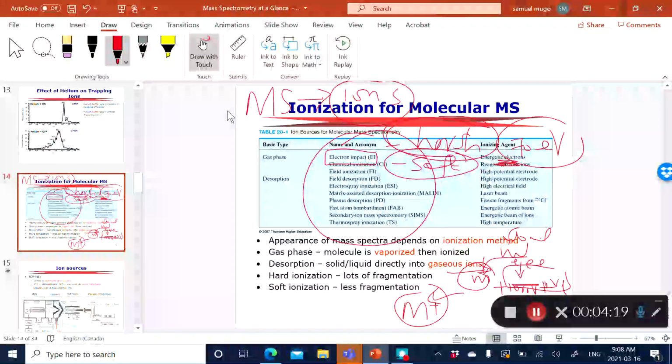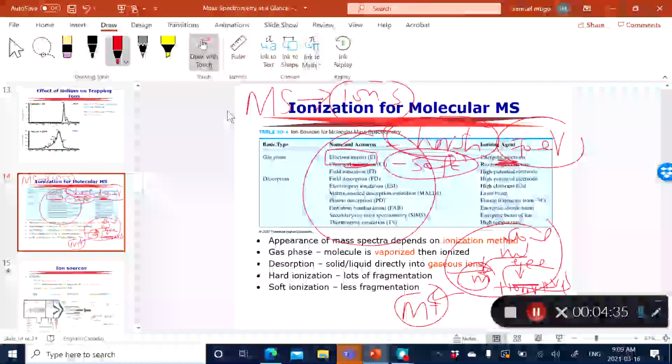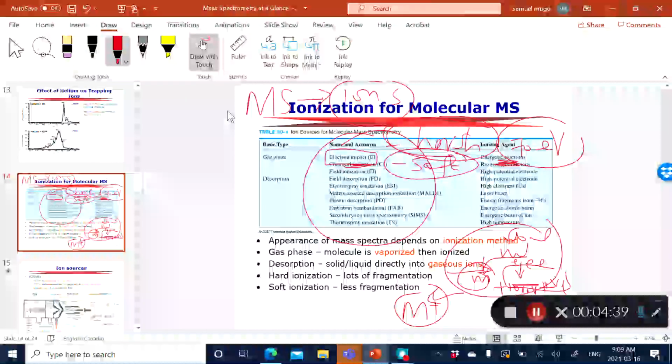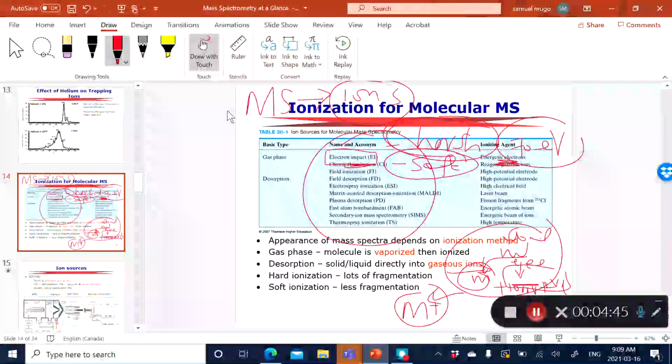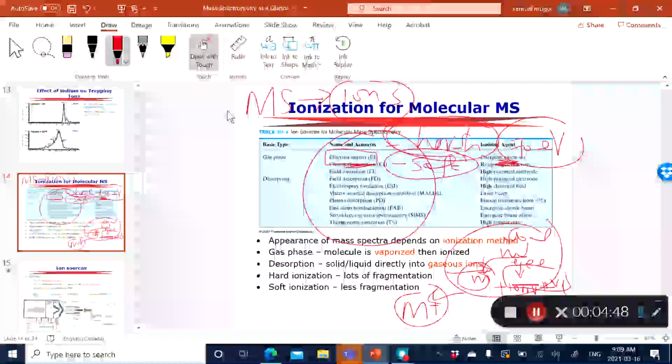Now, the other type of ionization method is called chemical ionization, and I'm going to show you in a couple of slides. It is very, very similar to the electron impact. The only difference is, you introduce into the electron impact ionization chamber some buffering gas, so that the analyte does not get the extreme energy coming from the electrons.